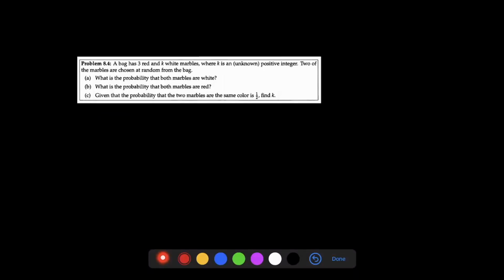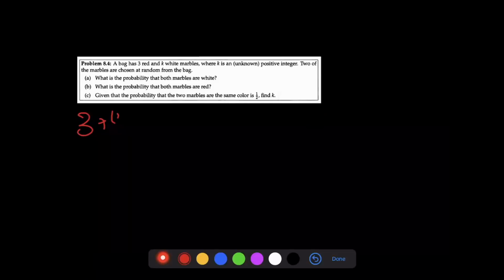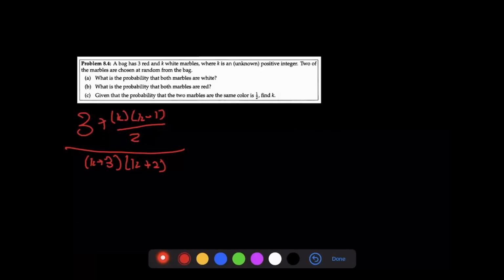Okay, if we expand everything, we get 3 plus k times k minus 1 over 2, entire thing over k plus 3 times k plus 2, entire thing over 2, and that's equal to 1/2.